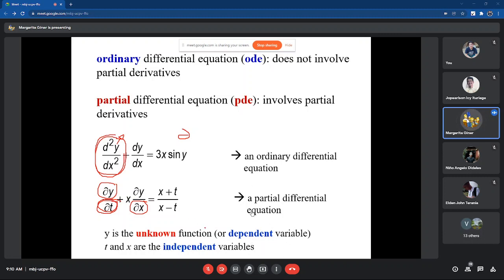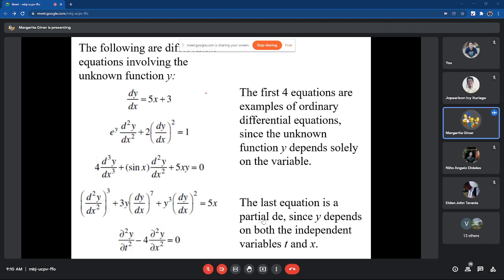Okay, so let's proceed. The following differential equations involve the unknown function. The first four equations are examples of ODE, or ordinary differential equation, since the unknown function y depends solely on one variable. Notice it is with respect to x, so the only variable you see is x.